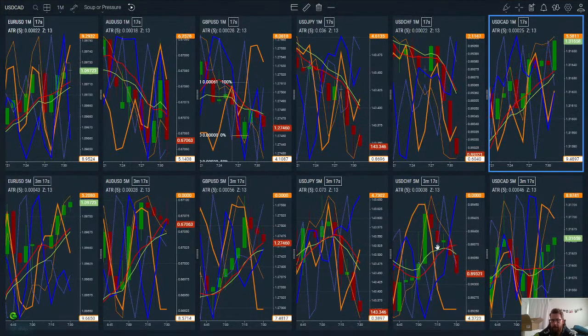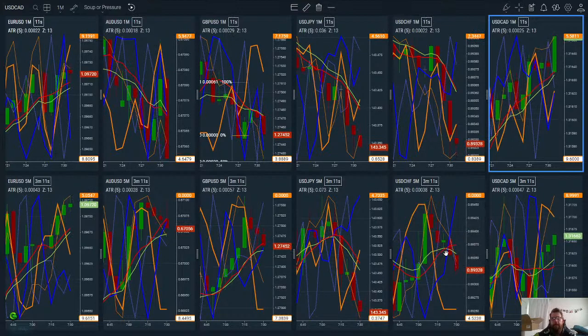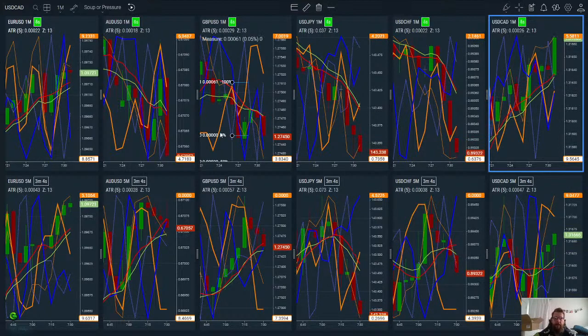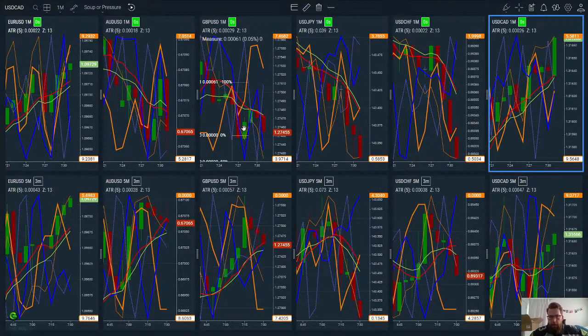This looks like a place we could possibly go in short here. We're basically at our break even now, again, our short pound trade.